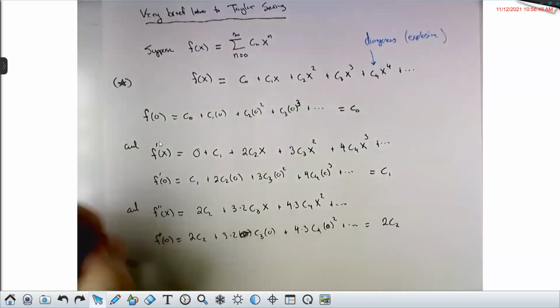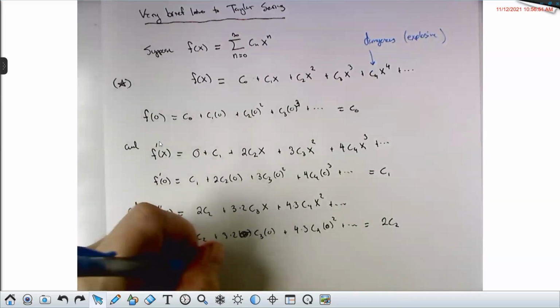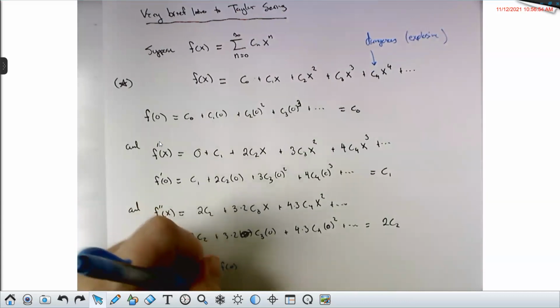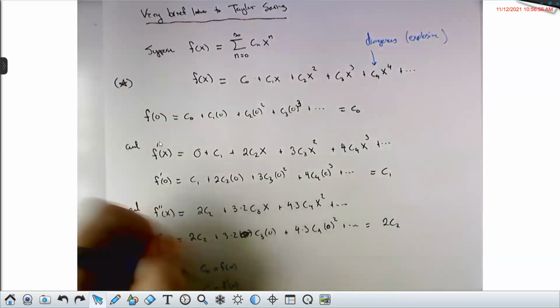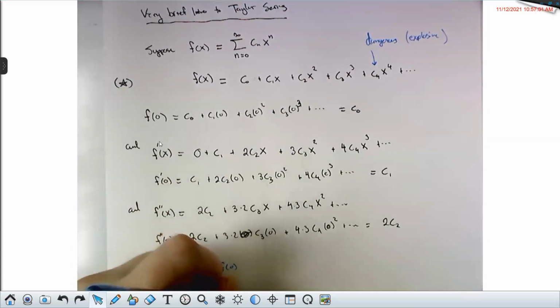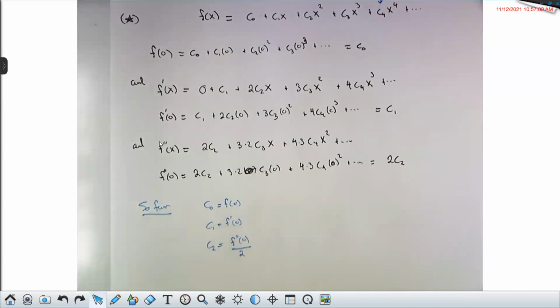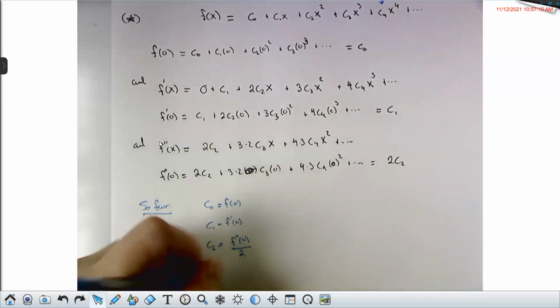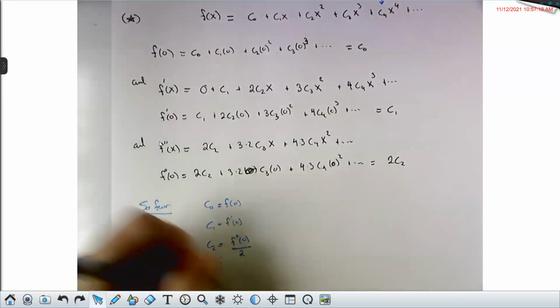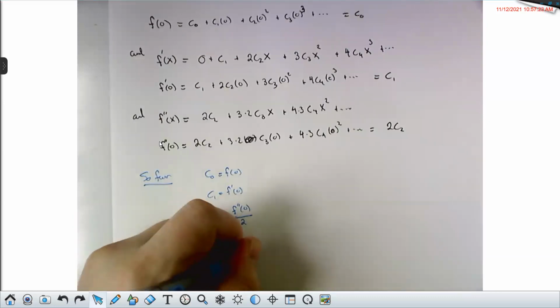So what we've discovered so far is that c_0 is f of 0, c_1 is f prime of 0, and f double prime of 0 is 2 c_2, so c_2 would be f double prime of 0 over 2. And what I'm going to show you on Monday is how to arrive at a nice general formula for c_n.